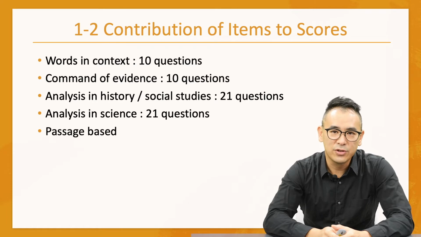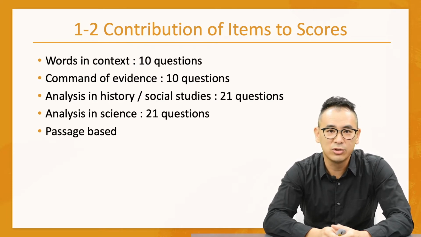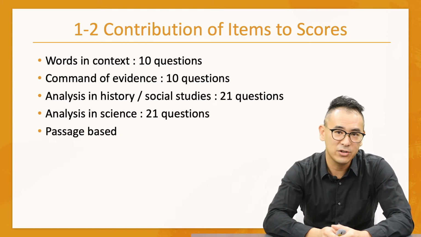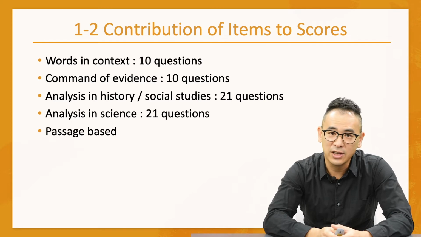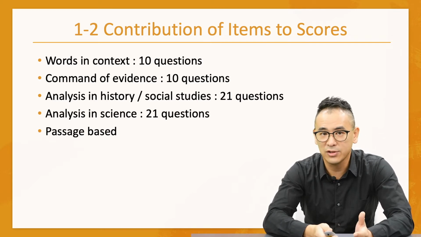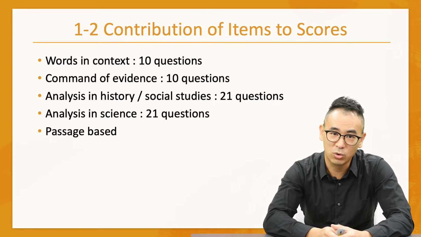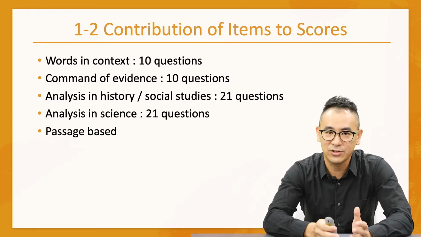Now, in contributions of items to scores, words in context will include 10 questions, and command of evidence will include, again, 10 questions as well. Analysis in history and social studies includes 21 questions, and analysis in science includes 21 questions. Again, they're all passage-based.